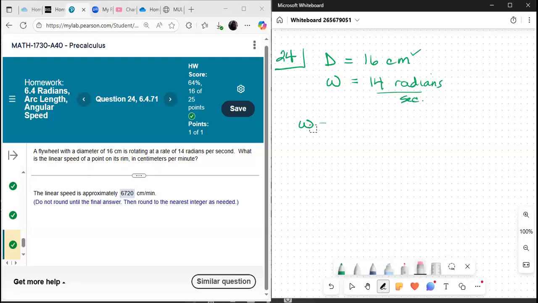So that's my given information, and we want to know the linear speed in centimeters per minute.